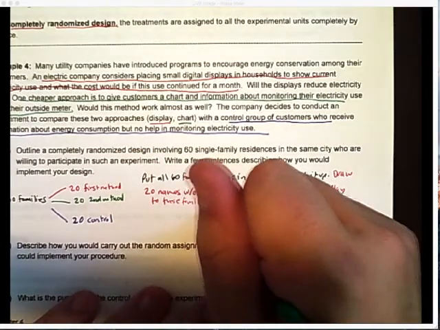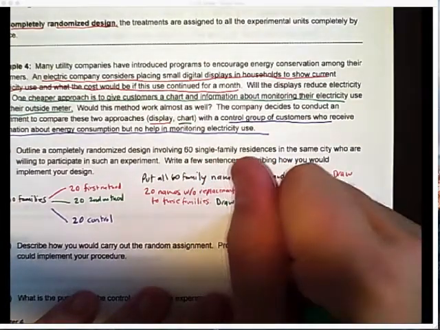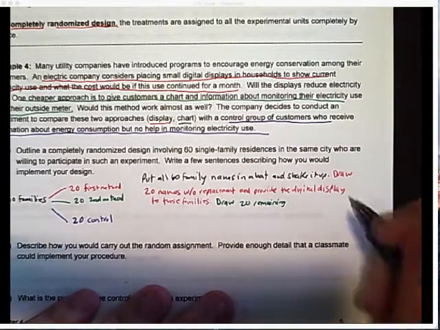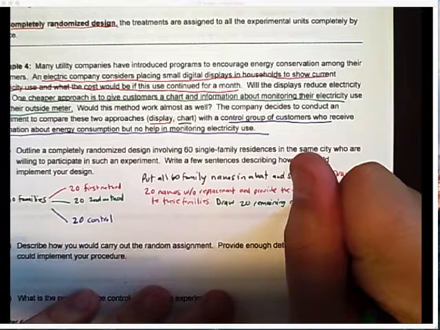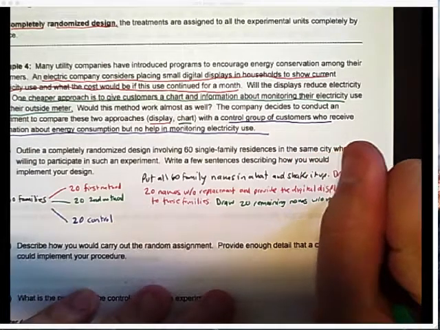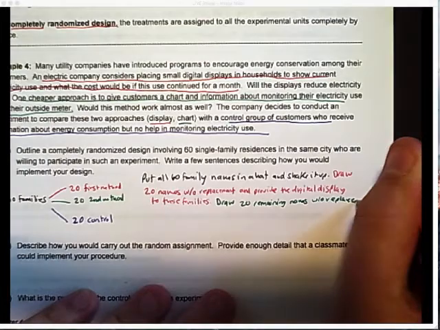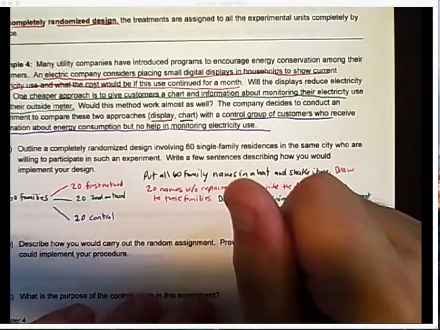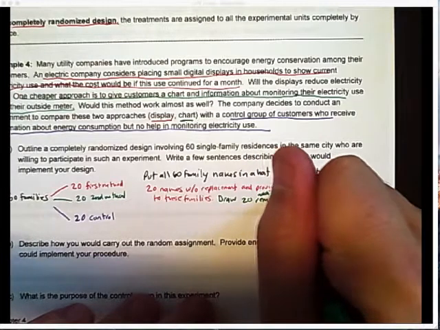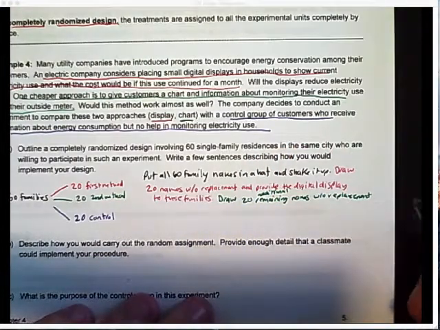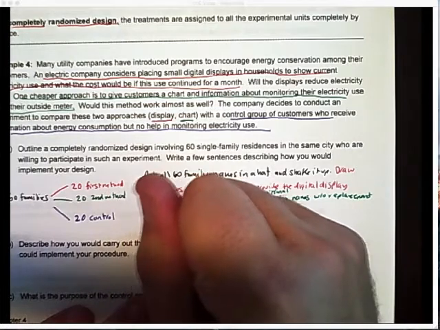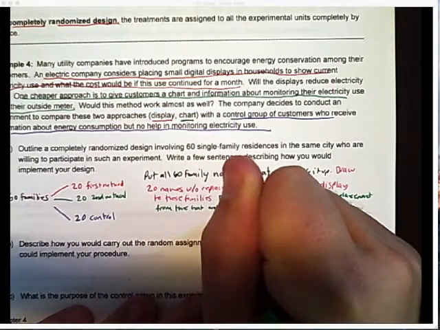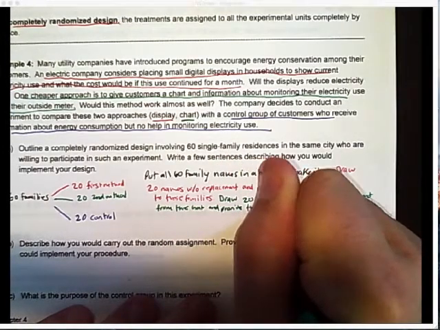Then I'm going to draw 20 remaining family names without replacement. I should say draw 20 additional remaining names without replacement from the hat, and provide those families with the chart.